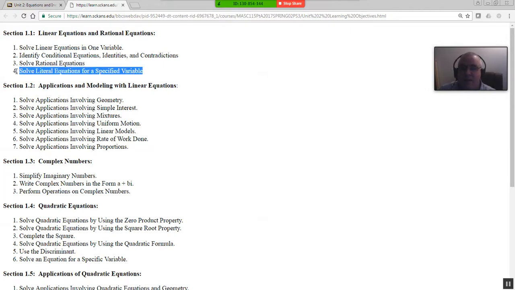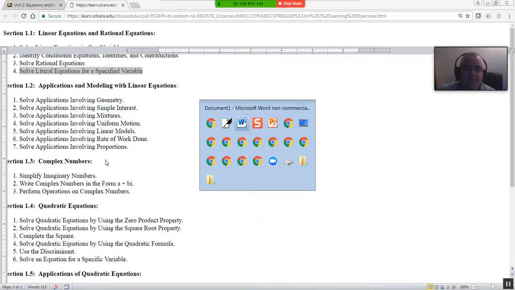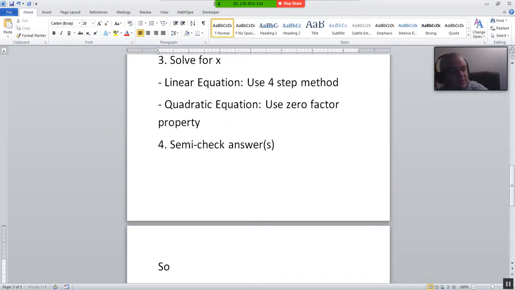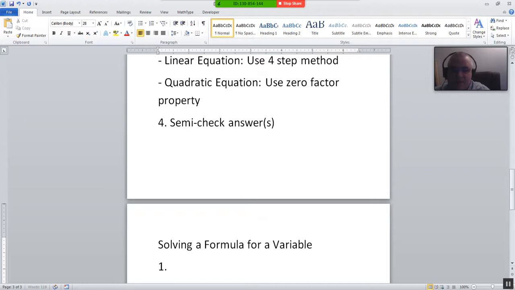Now our fourth topic is solving a literal equation for a specified variable. Typically we refer to those as formulas. So solving a formula for a variable. Step 1, get rid of parentheses.